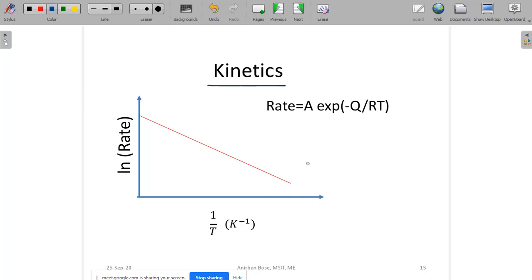If you remember your high school chemistry, suppose hydrogen and iodine are reacting and producing HI, then the rate of reaction is equal to some constant A times exponential of minus Q by RT.